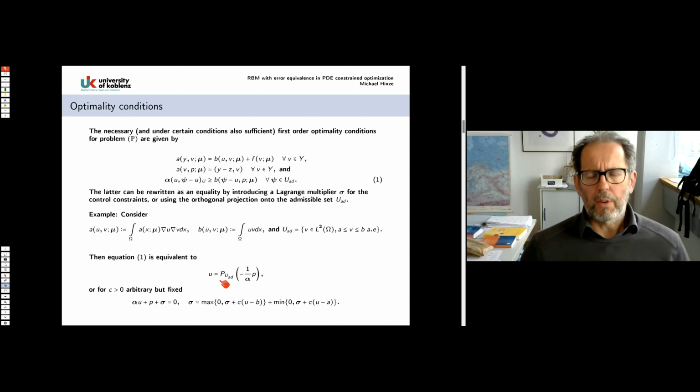But this non-smooth equation couples U to the adjoint state P. So if I now think of the situation that I have a discrete approximation of P available, then this equation automatically gives me a discrete U. Since if P is discrete, I am able to evaluate the continuous projection operator on this discrete function, I get a discrete U. But I get it for free without discretizing U explicitly.